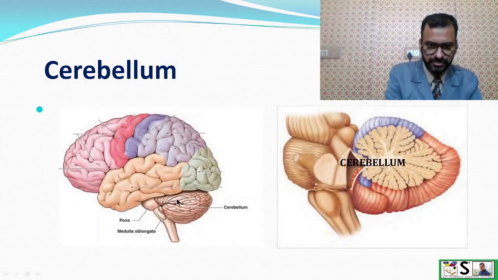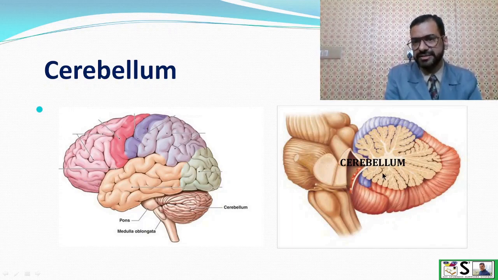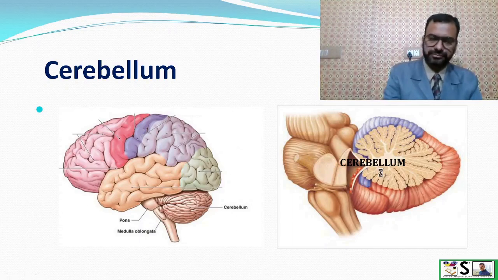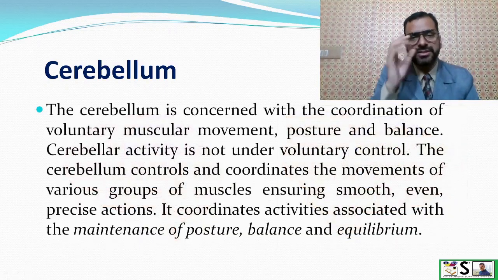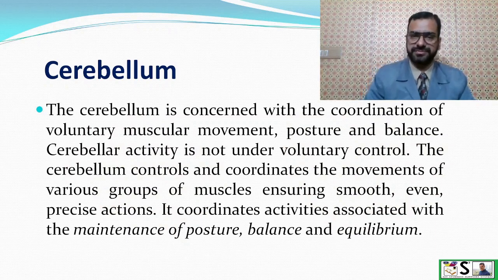You can see this picture. This is cerebrum, and below this there is cerebellum. This is cortex, and this is the arbor vitae. The cerebellum is concerned with coordination of voluntary muscles, posture, and balance.